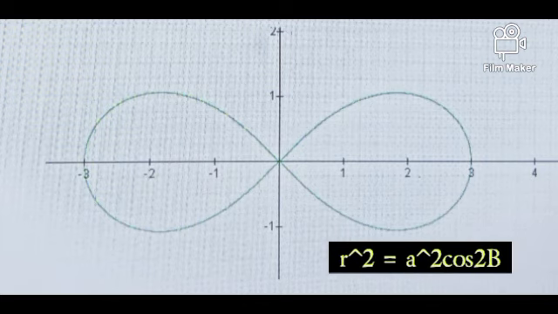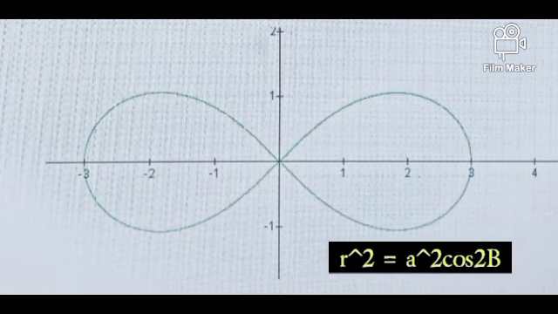This graph is what is called a lemniscate, similar to the infinity sign. This particular graph represents the polar equation r squared equals 9 cosine 2 theta.